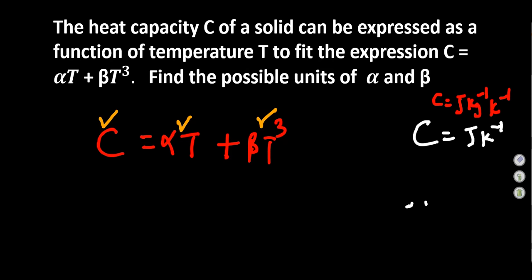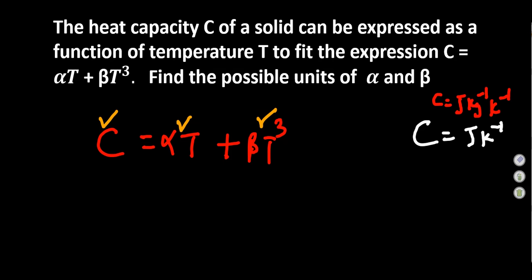So what we are saying here is that the unit of this should be the same as the unit of this and the unit of this. So if that is the case, the unit of this we have gotten to be joule per Kelvin, and we are saying that it will be the same as the unit of this.